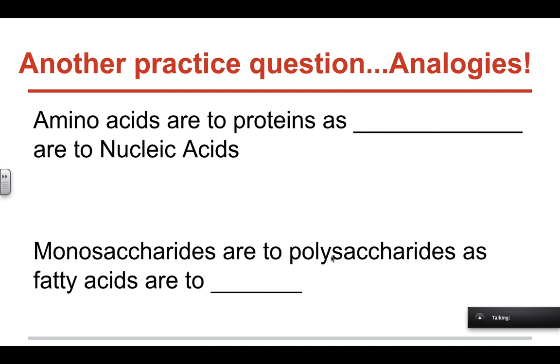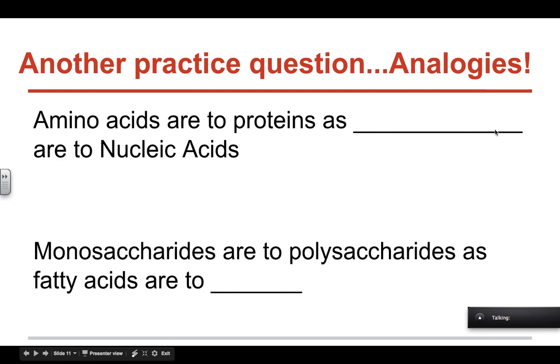All right, last thing, analogies. Right, we're going to practice comparing words. So, amino acids are to proteins as blank are to nucleic acids. All right, so amino acids are the building blocks to a protein. So what is the building block to a nucleic acid?